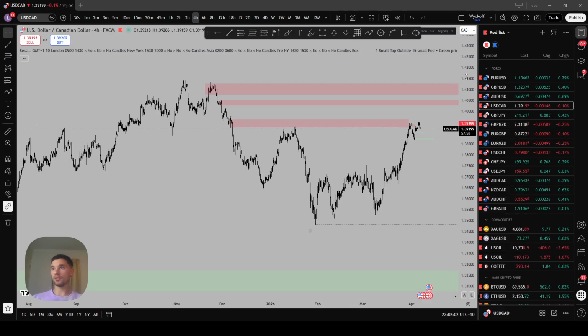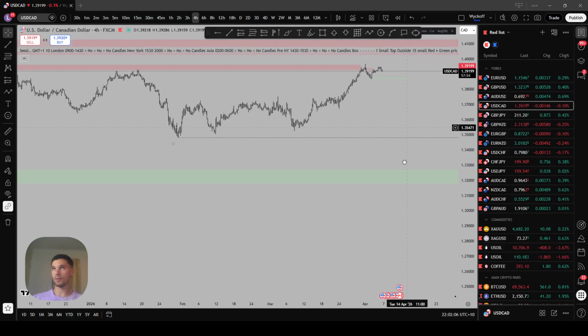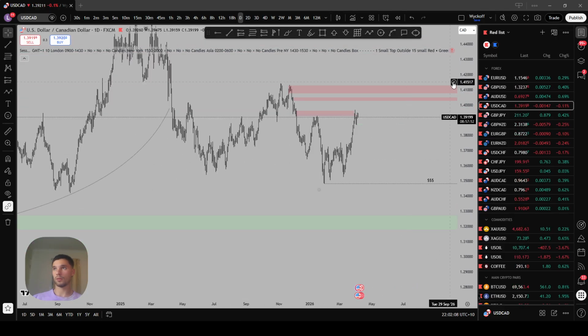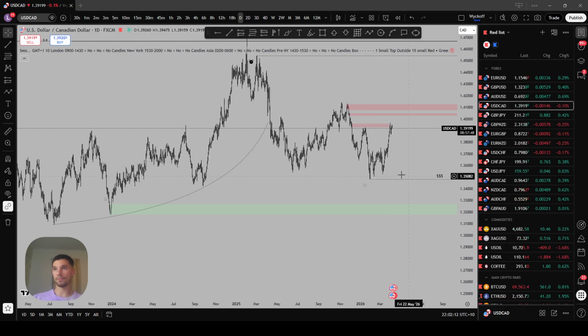USD CAD, potential distribution forming up here. We do have some nice lows here.